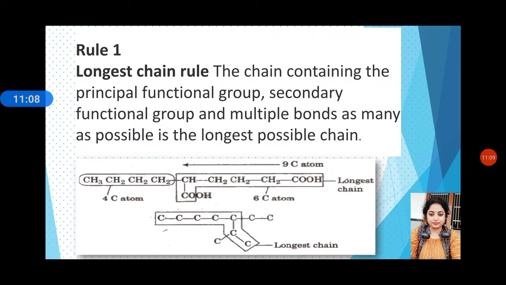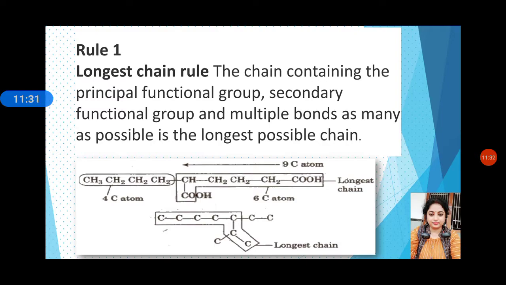For naming simple aliphatic compounds, the normal saturated hydrocarbons are considered the parent compounds and other compounds as their derivatives, obtained by the replacement of one or more hydrogen atoms with various functional groups.